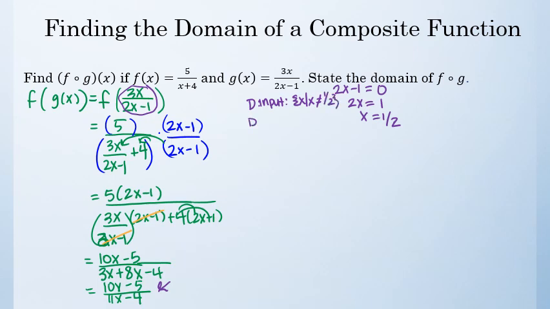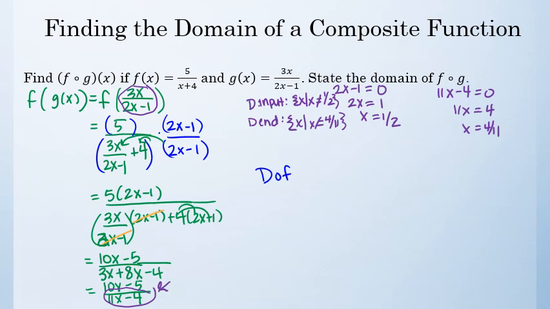And then the domain of the end function is all values of x that would make this denominator equal to 0. So 11x minus 4 equals 0 when x equals 4 over 11. So I need to also exclude that value. This means that the domain of my composite function, when I combine these, is all values of x such that x cannot equal 1/2 or 4/11.